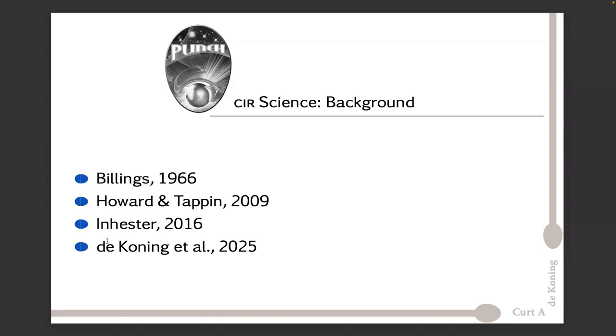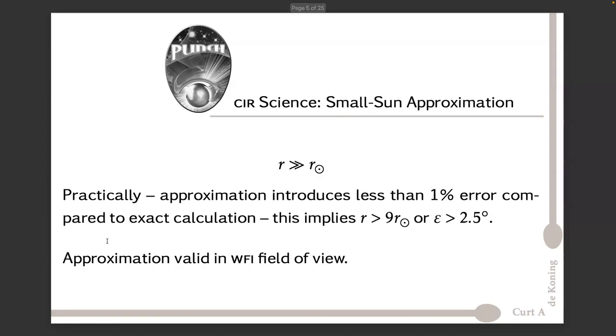So one of the key steps in deriving the polarization ratio expression from a few slides back is that we employ the small sun approximation. Basically, the small sun approximation says that the location at which the Thomson scattering occurs within the solar corona, the radial distance R, should be much larger than the radius of the sun, R solar.